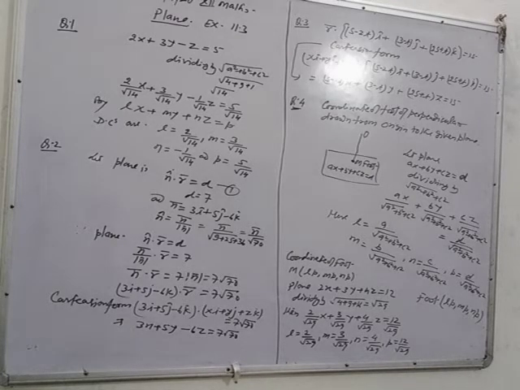How to take the dot product, you know: multiply the coefficient of i with i, j with j, then k with k. So you get 3x plus 5y minus 6z is equal to 7 root 70. This is the Cartesian form.